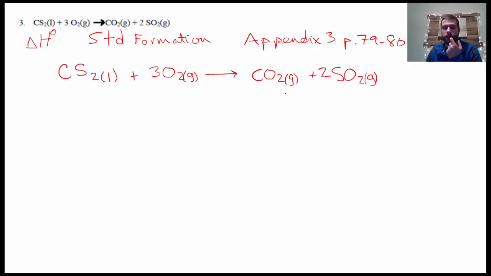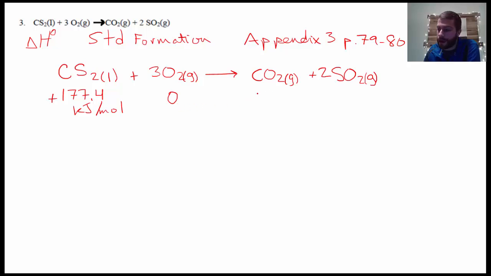And in the sheet that you had this practice problem on this week, it gave you values for each of these substances. For CS2, which is a liquid, its value is positive 177.4 kilojoules per mole. For oxygen, remember when it's an element in its natural elemental state, its value is 0.